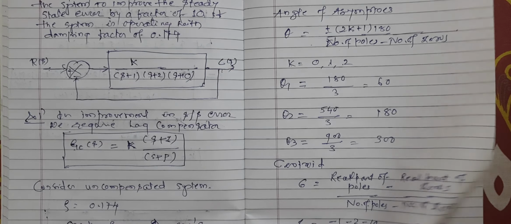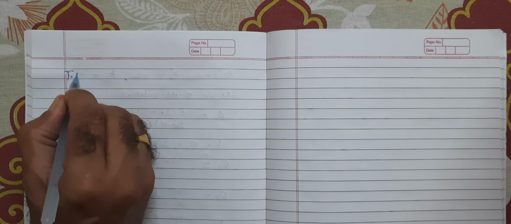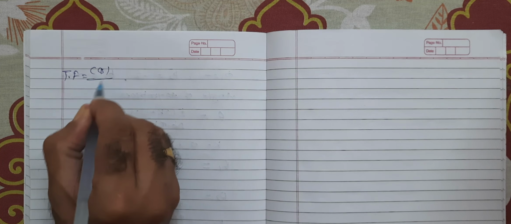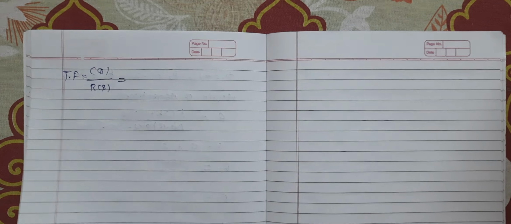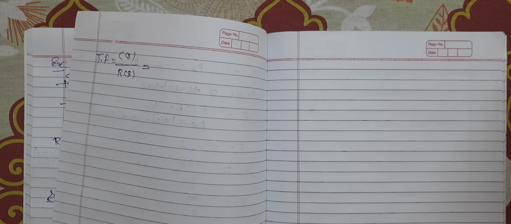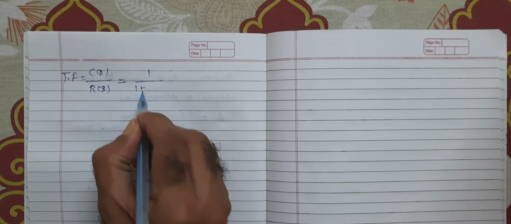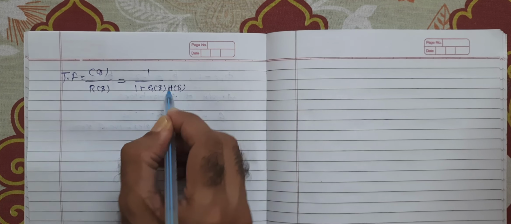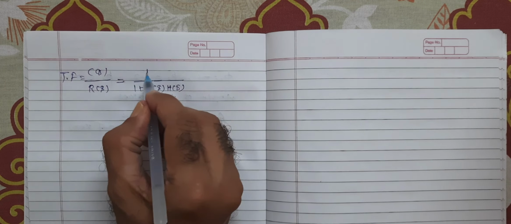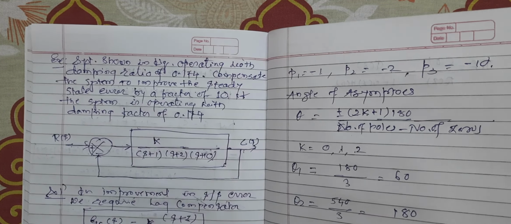If we take the transfer function of the system, C of S divided by R of S, it is K divided by something plus K. You know how to calculate this transfer function: G of s divided by 1 plus G(s) into H(s). Here G of s is this one and H of s equals 1.